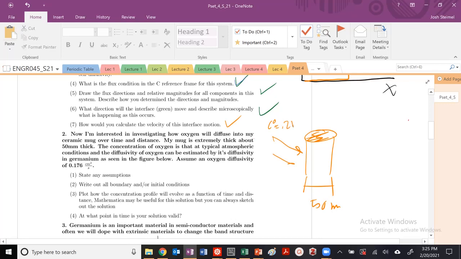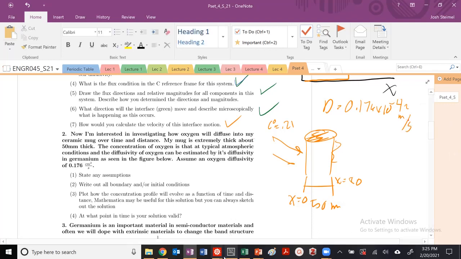That's the condition at x equals 0. And at x equals 50, that's the end of my mug, so there's nothing there. The diffusivity of oxygen is equal to 0.176 times 10 to the minus 4 meters squared per second.